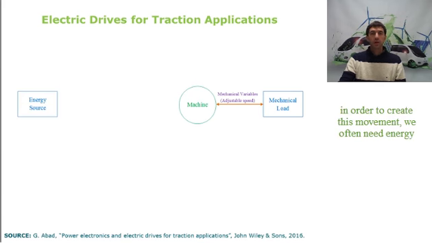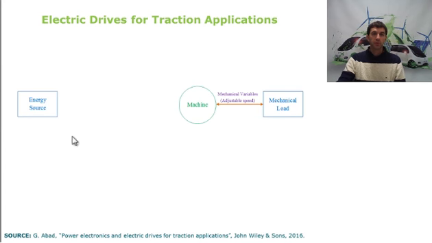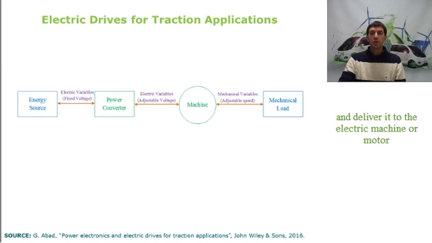In order to create this movement, we often need energy. This energy is taken from an energy source, which typically is an electric energy source. Therefore, we also need a power electronic converter which appropriately takes the energy from the energy source and delivers it to the electric machine or motor.